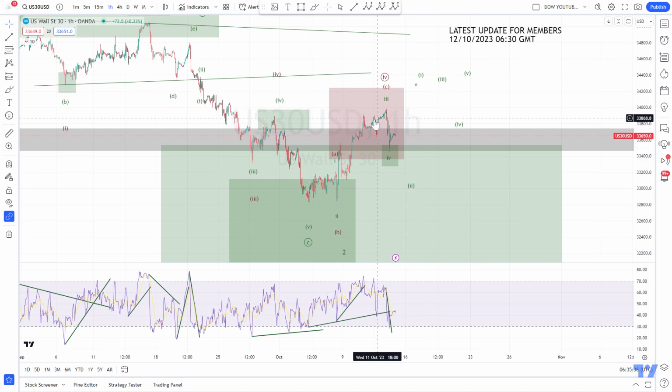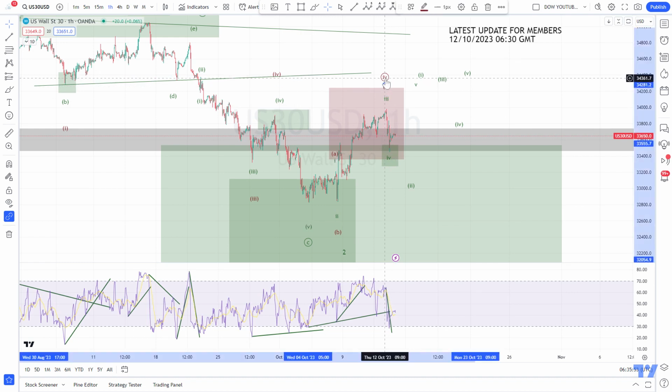However, in the bearish scenario, this means that this is a mature A, B, C correction. So this can actually be also the wave 4, the wave 4 in this degree right here.